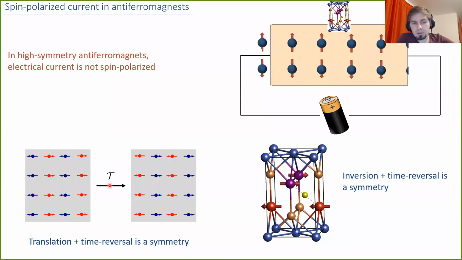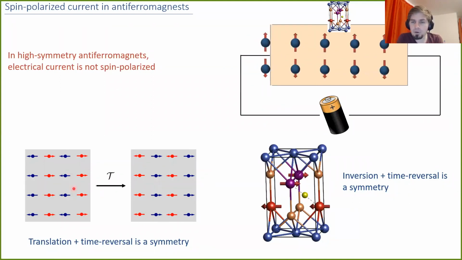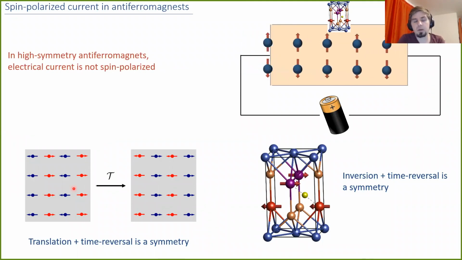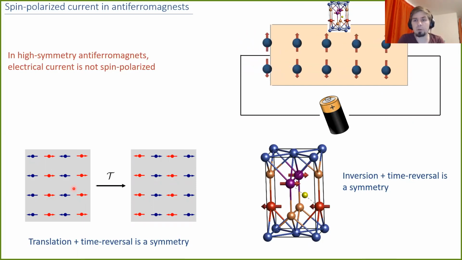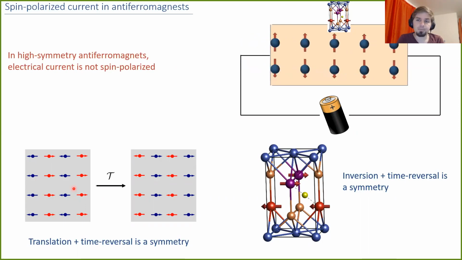Under the time reversal operation, my magnetic moments will flip sign, because that's what time reversal does. But you see that these 2 states actually differ only by translation. So in a simple antiferromagnet like this, time reversal is broken, but in a very specific way. This means that time reversal plus translation is a symmetry, and this means there will be no spin-polarized current.